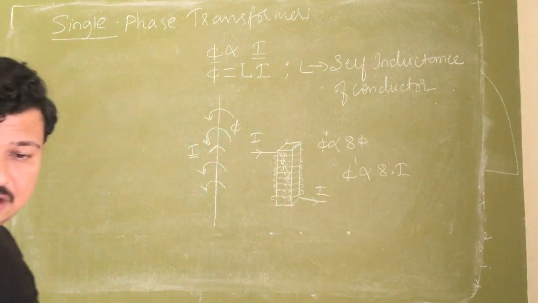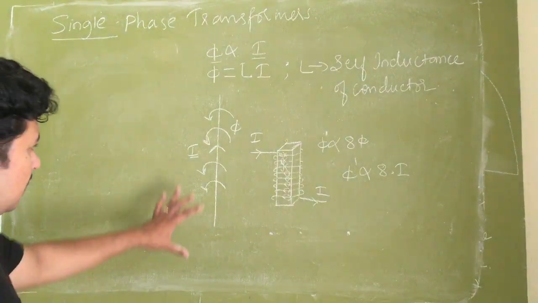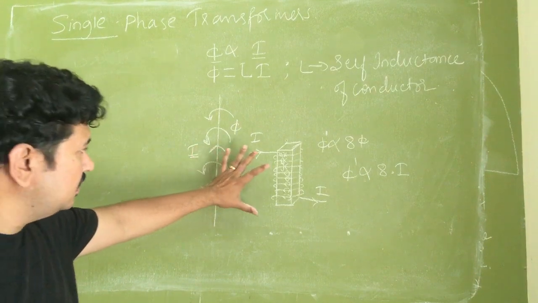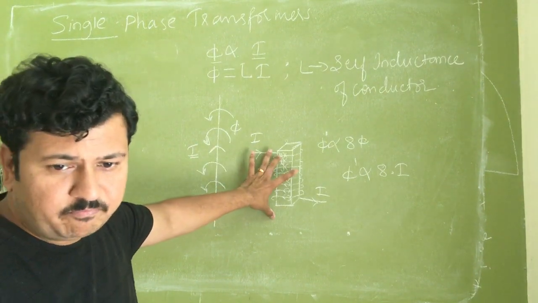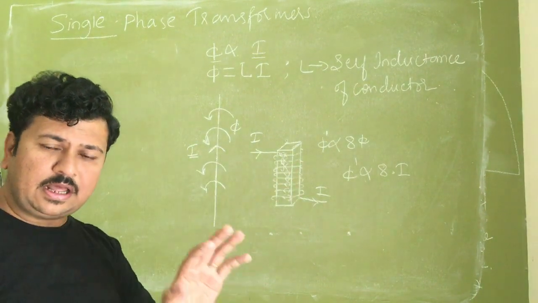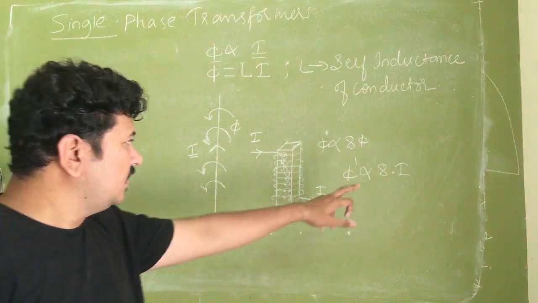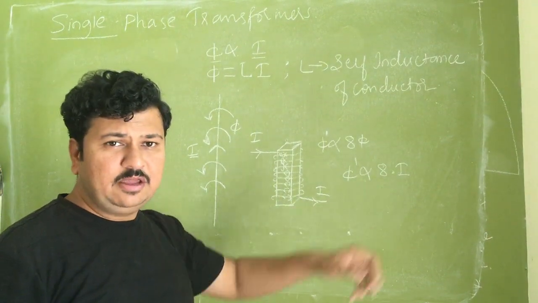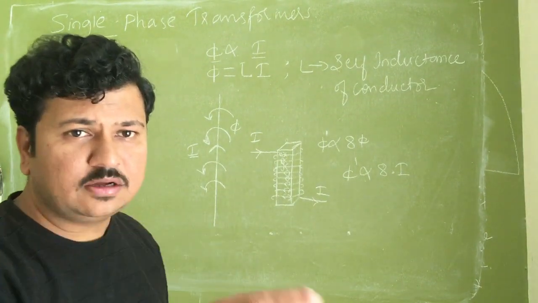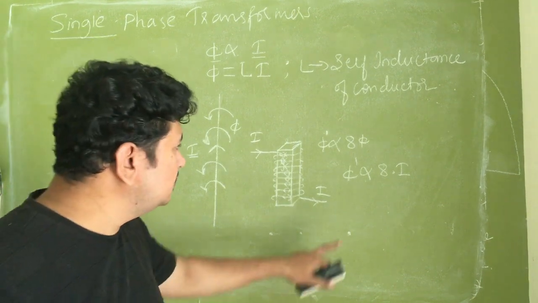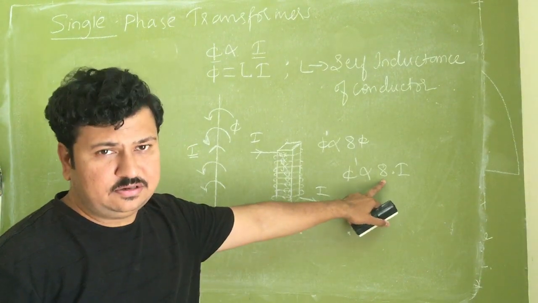See, the current I is the same whether the conductor is stretched straight or it is having multiple turns. The magnitude of current I is the same, but the effect of the current is 8 times because I wound the conductor into 8 turns. Now what is this 8? It is a turn.